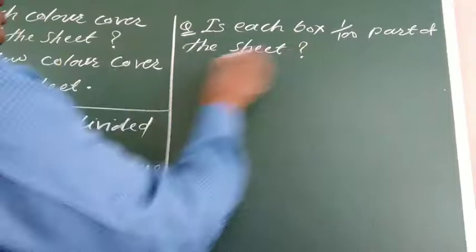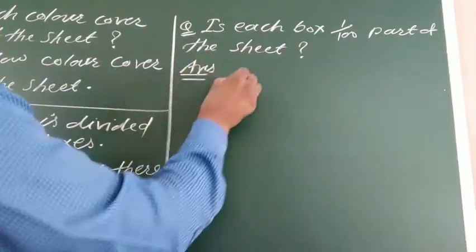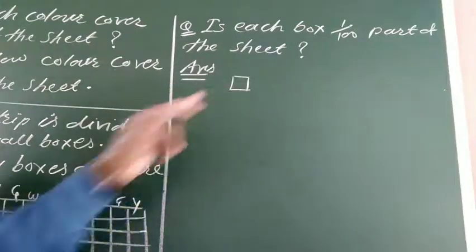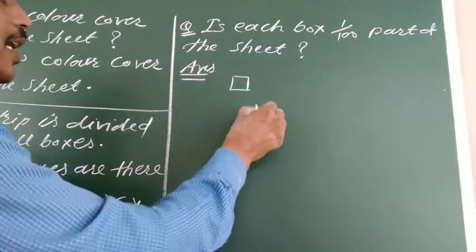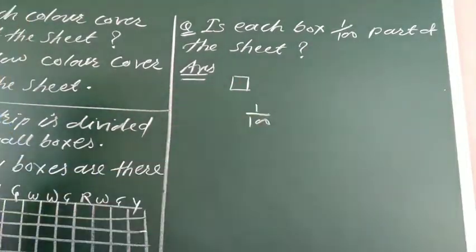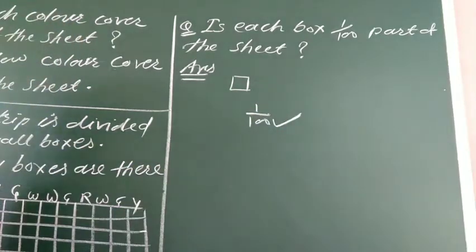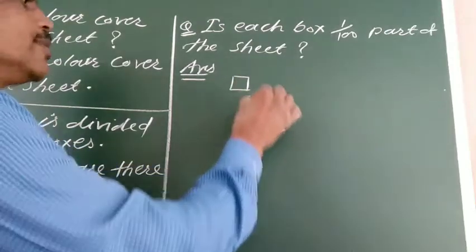Yes. तो ये जो एक बॉक्स है बेटा, ये जो स्मॉल बॉक्स है, क्या ये एक बॉक्स आपका जो टोटल सीट है उस सीट का 1 by 100 पार्ट है? Yes, see, because total 100 small boxes are there, and this one is 1 by 100.